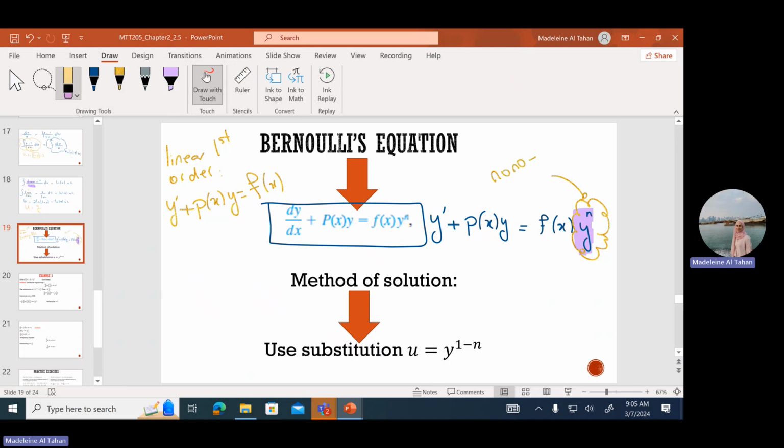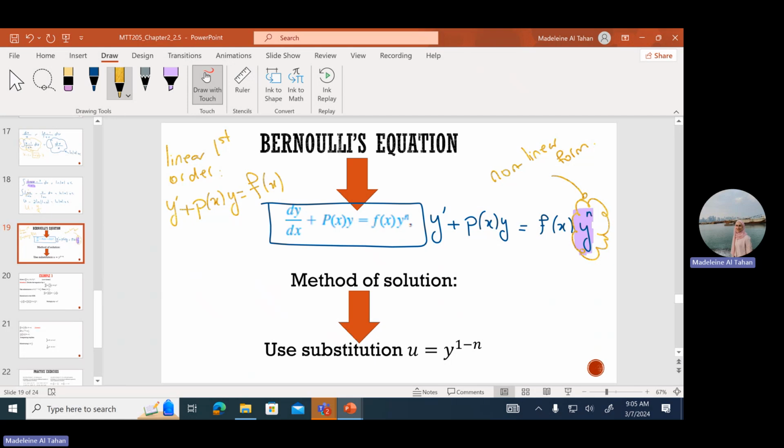It is the non-linear form. We need to solve this differential equation, and the method that we will use is substitution.